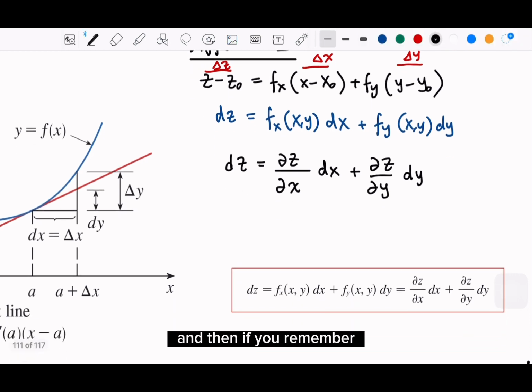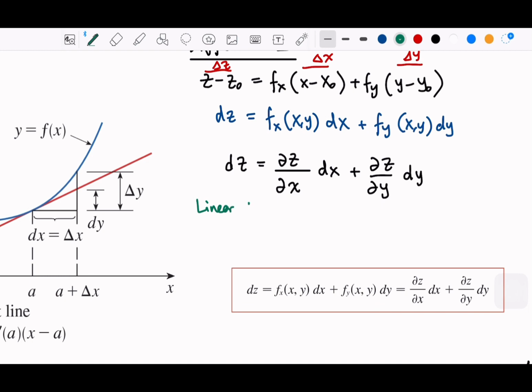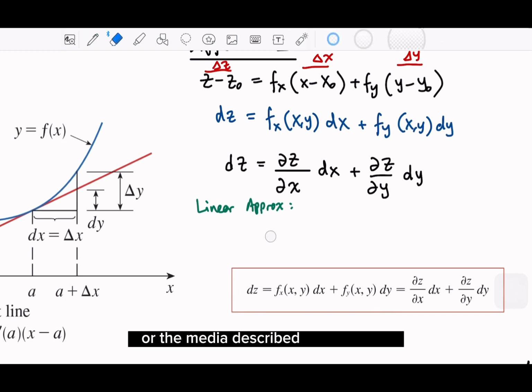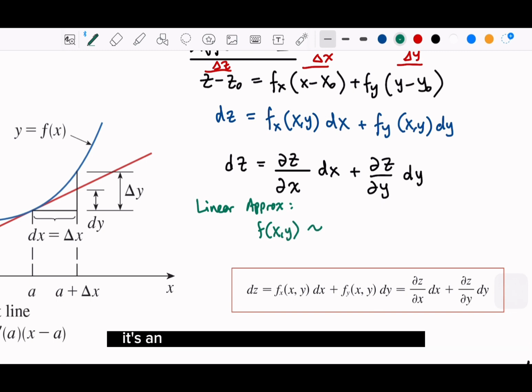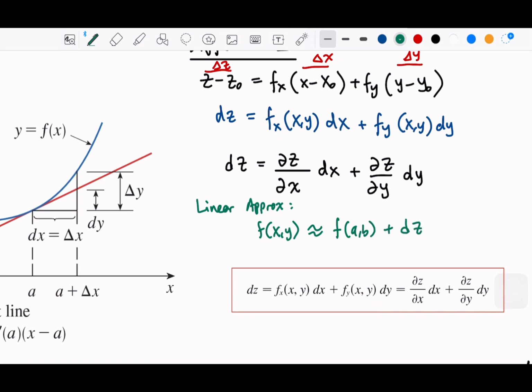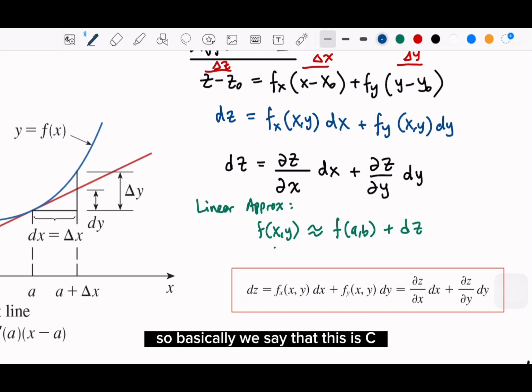Okay, and if you remember what we had in the linear approximation, let me just write it directly: f(x, y) we can approximate as f(a, b) plus dz. So basically we say that this is z, this is z0 at the point, right?